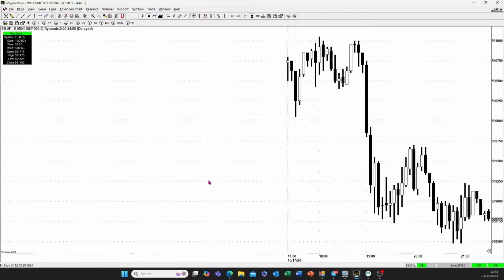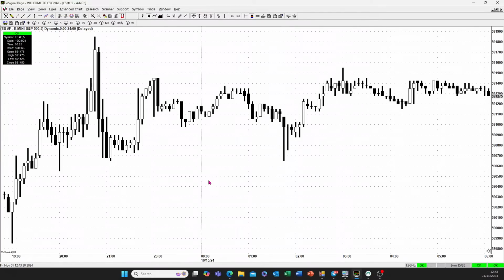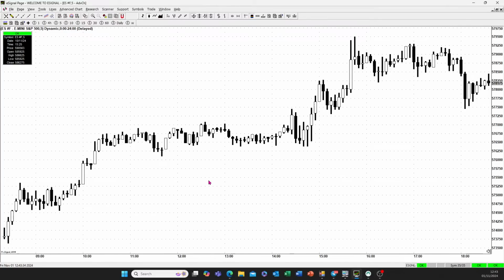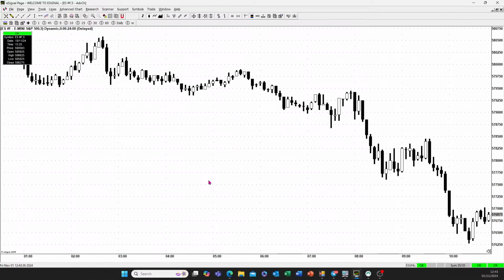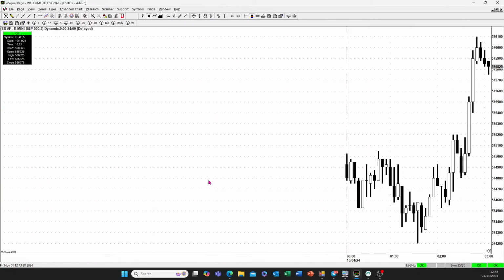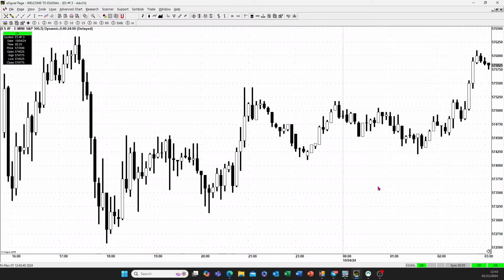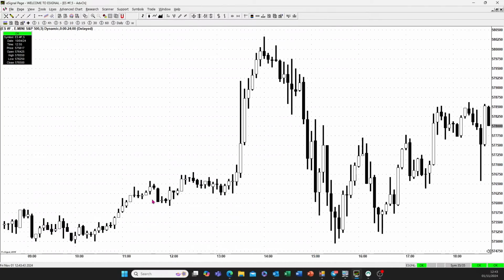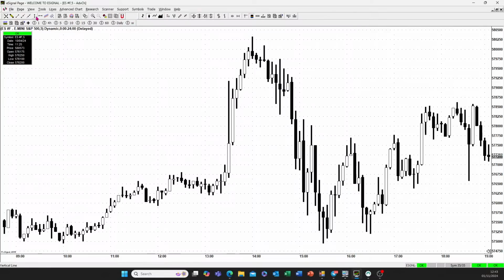Okay, so I still have to scroll a little bit. Sorry about that. So now we're just testing it in a different index to see can it be used. So here's the 4th of October in the S&P 500. Again, I'm going to draw an arrow.